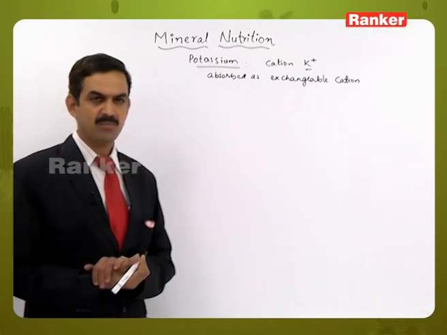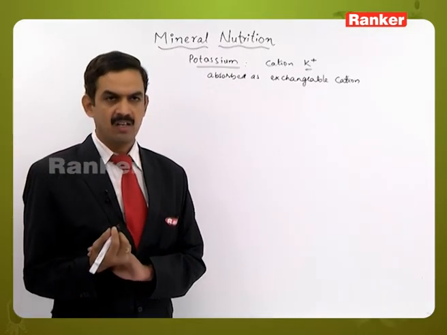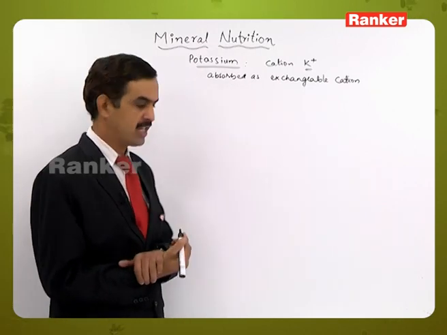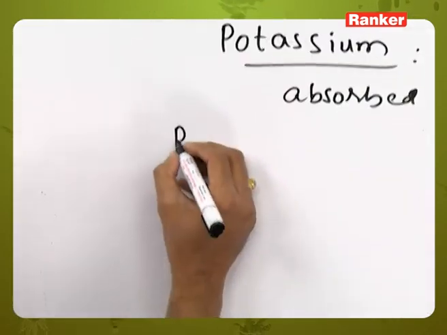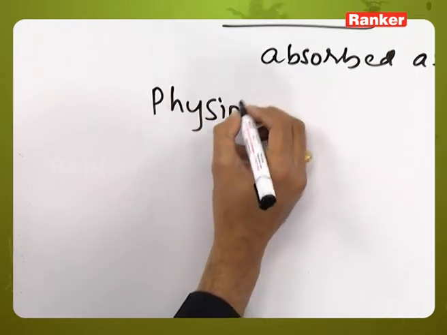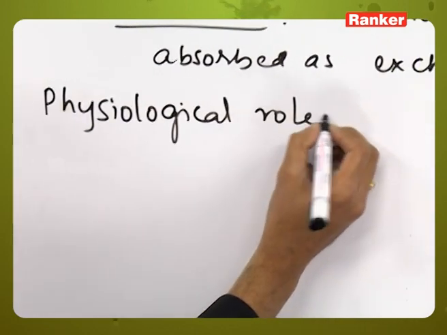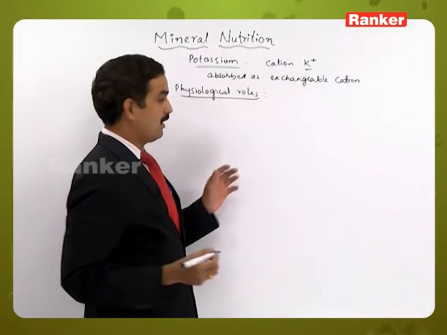It is taken from the clay micelle part, in the form of exchangeable cation from the soil. Then the potassium has many significant roles. Those are the physiological roles exhibited by this potassium.